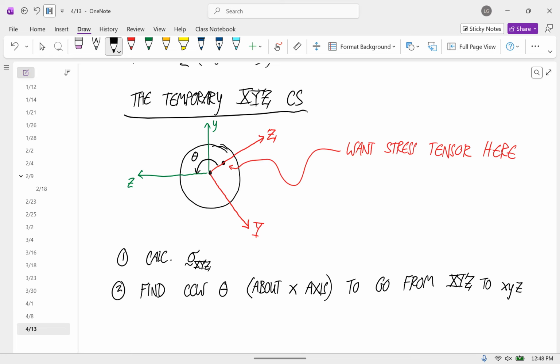In this case, the way I have it drawn, that would be maybe a positive 120 or 130 degree rotation to go from the red coordinate system to the green coordinate system.